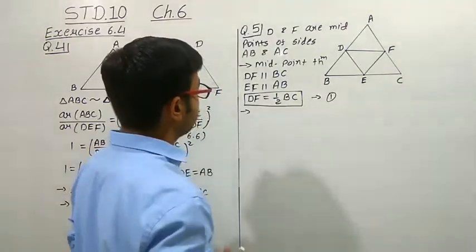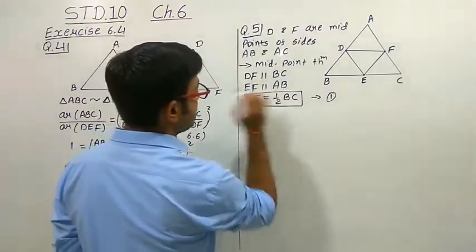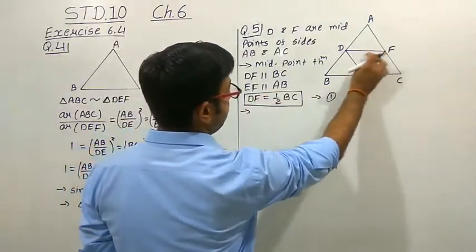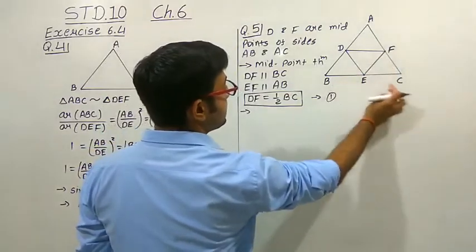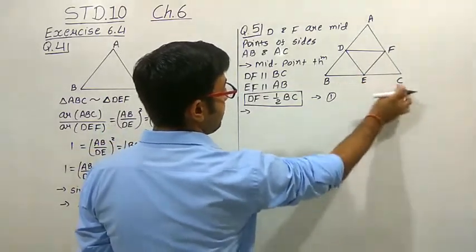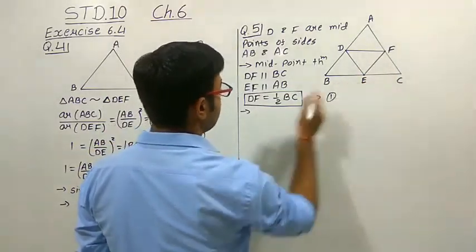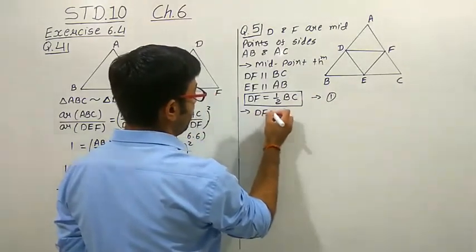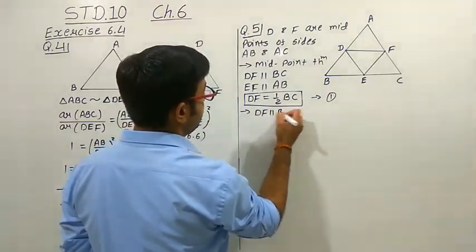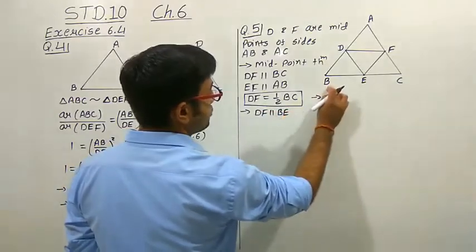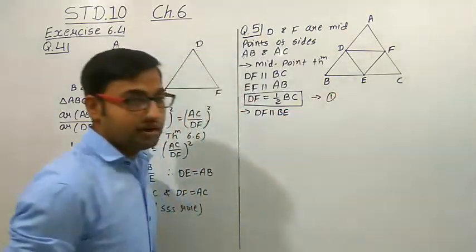Okay, now see, here we have written down that DF is parallel to BC. Now instead of BC we can write down BE, that is DF is parallel to BE. Why? Because B, E and C are collinear.